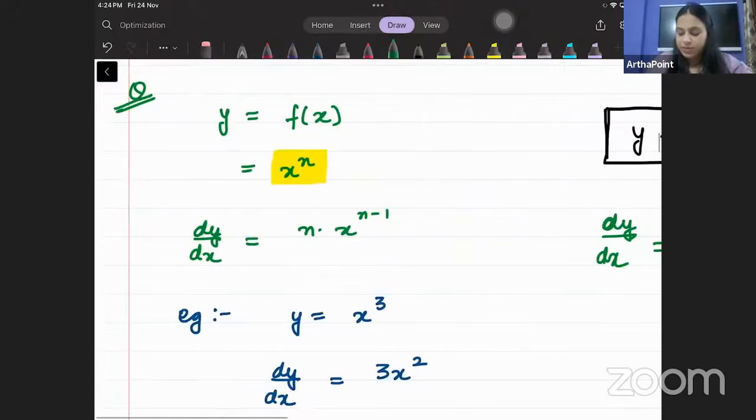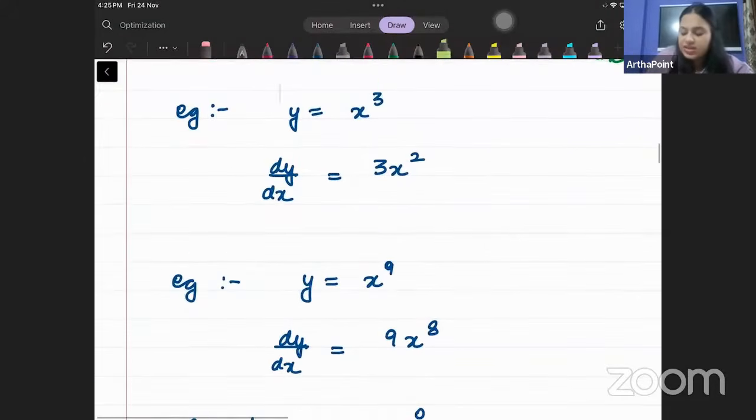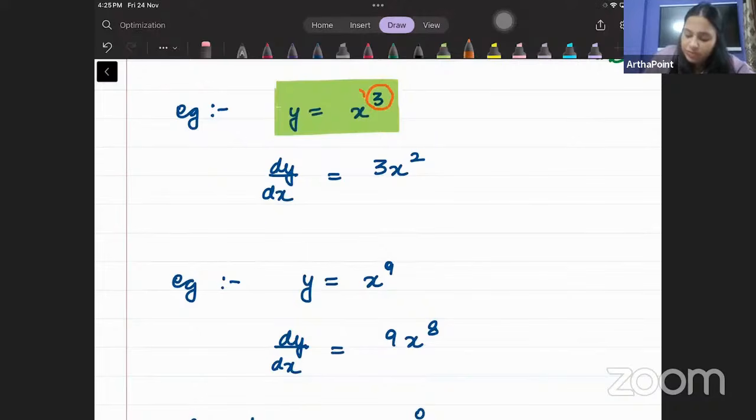Let's say an example, beta. y is equal to x cube. So what will happen, beta? The power will come down and power will reduce by 1. So if I were to solve this, dy by dx will be: power will come down and power will reduce by 1. So what did I do?